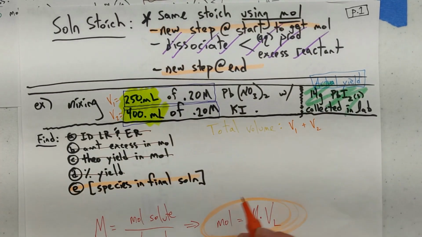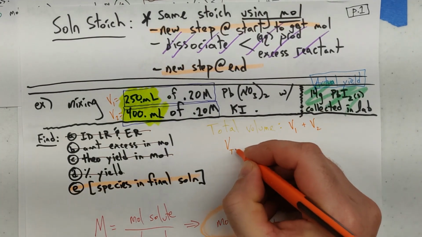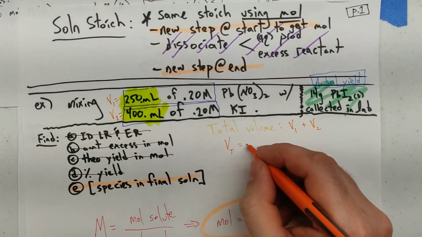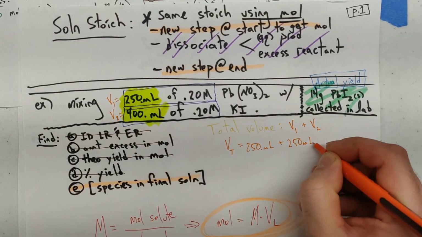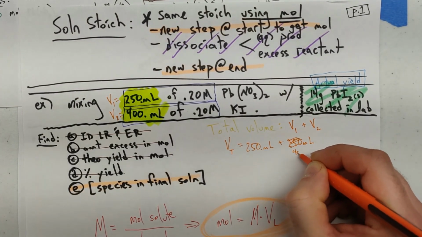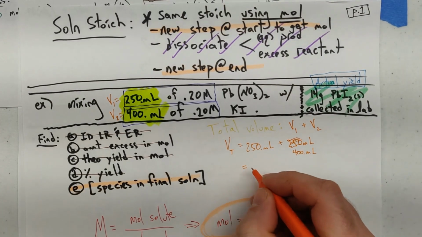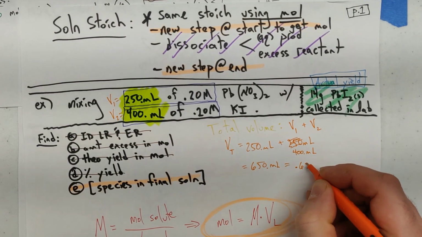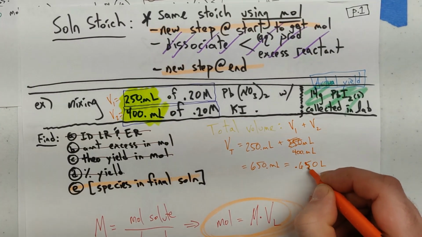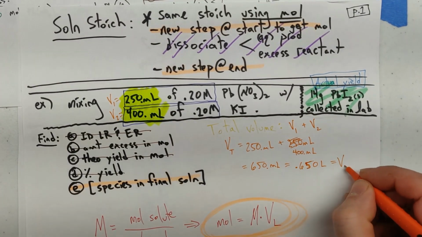Add those up to get the total volume. So our volume total is going to be 250 milliliters and, sorry, 400 milliliters. That is 650 milliliters, aka 0.650 liters. And that is the volume we're going to need.